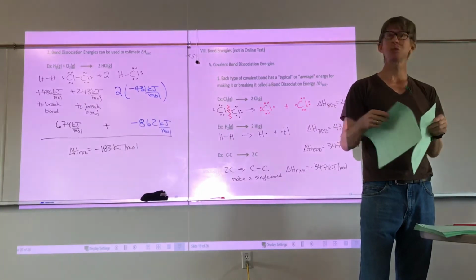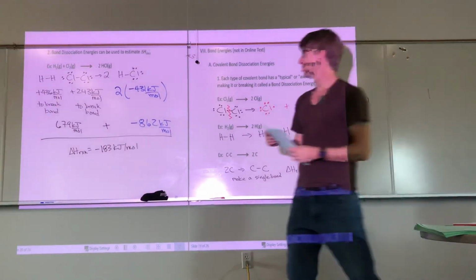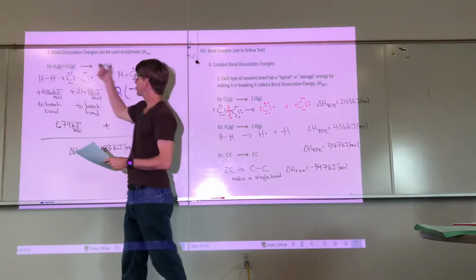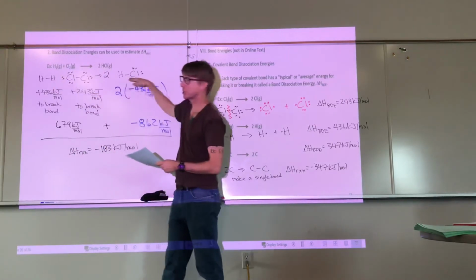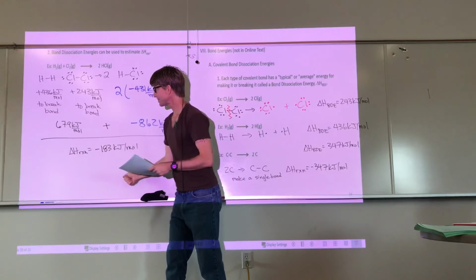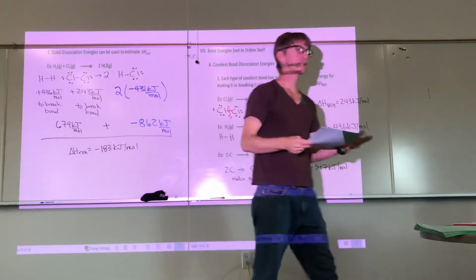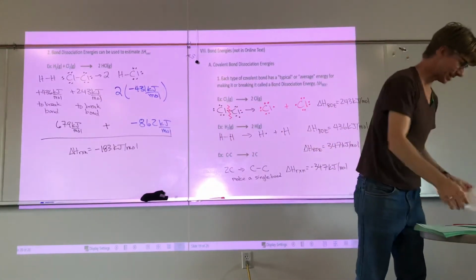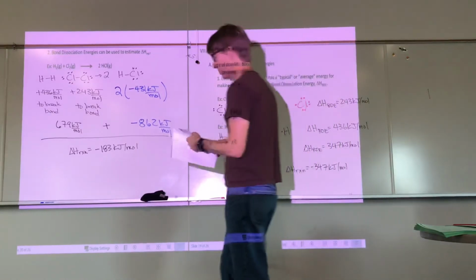And so what you'll do is write a combustion reaction. You will write the reactants and products. You will write the Lewis structures for everything, count up all the bonds, and estimate the energies of each of these bonds. Just like we're about to do.